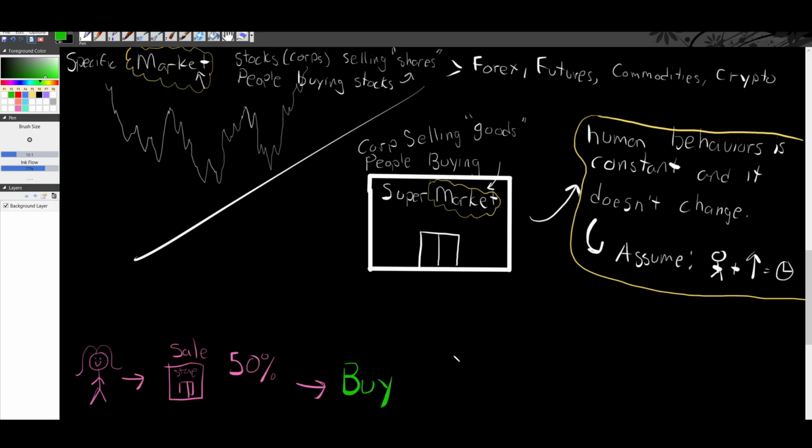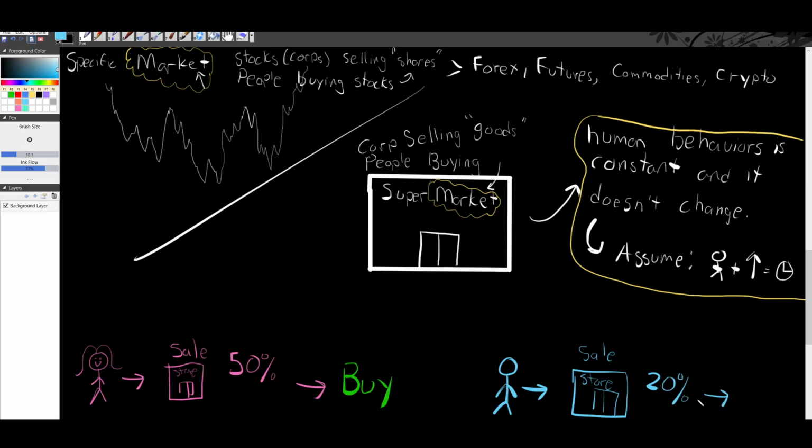Perfect. Now, if you go into a store, and I know this is redundant, you already know what the answer is, but let's just say they claim to have a sale, but their sale is only 20% off.